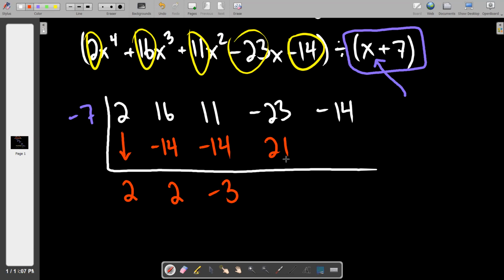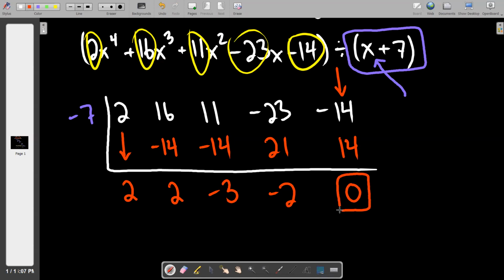What is negative 23 plus 21? Stick a negative 2 here. And guess what we do again? Take that green circle times that green circle. What do you get? Positive 14. So I'm going to stick a positive 14 right here. And guess what we do now? We add those together and we get our remainder of 0.